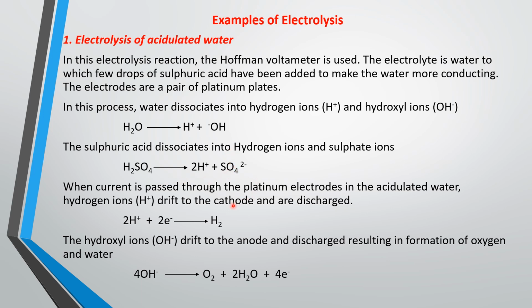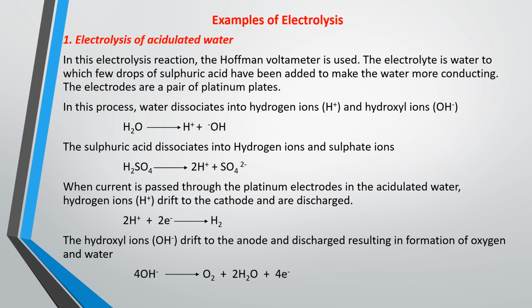When current is passed through the platinum electrodes in the acidulated water, the positively charged hydrogen ions drift to the cathode and are discharged according to this equation. Then the hydroxyl ions move to the anode and are discharged with the formation of oxygen and water.